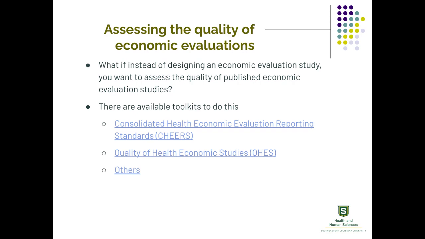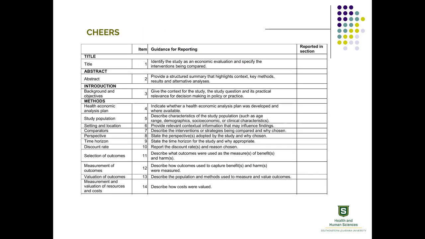This is a snapshot of the CHEERS toolkit and some of the information it is measuring. This is not everything. I've included the checklist in the additional resources on Canvas, so that you can see the full CHEERS checklist and what you would use it to evaluate.